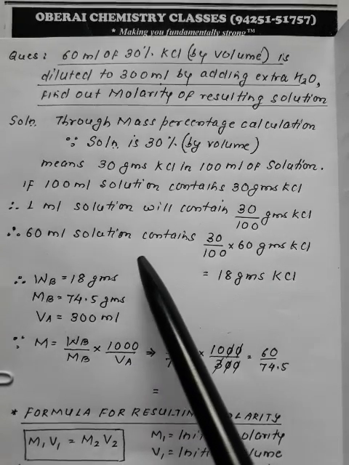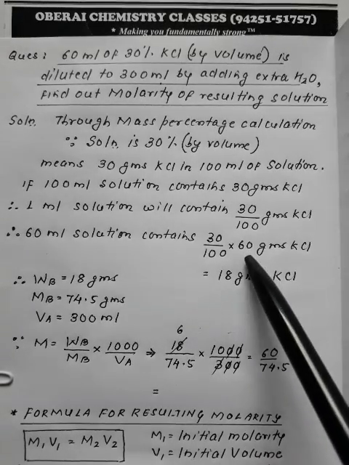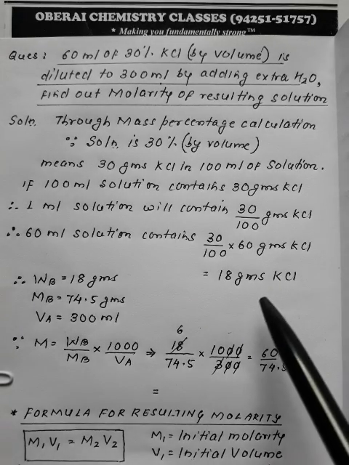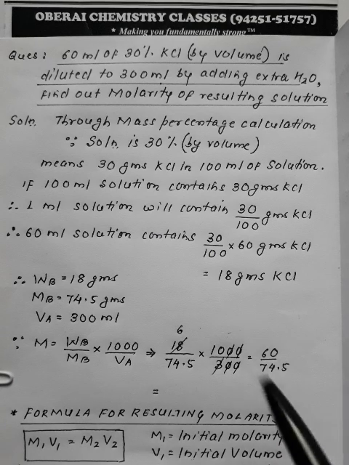Therefore the 60 ml solution which has been given to us will contain 30 by 100 into 60 grams of KCl, which is equal to 18 grams. So what we have done? In the previous question, the weight of solute, 20 grams of NaCl, was given. Over here, we have calculated the weight of solute.